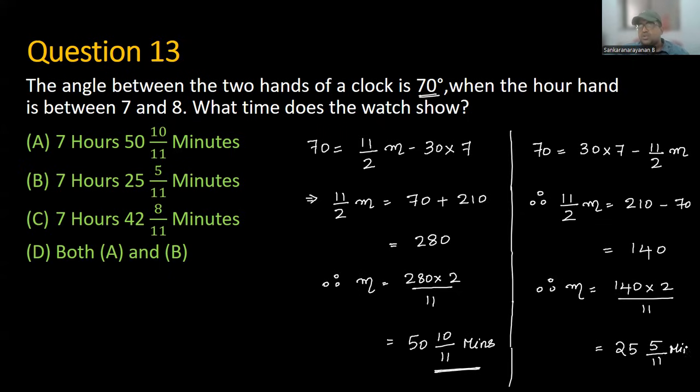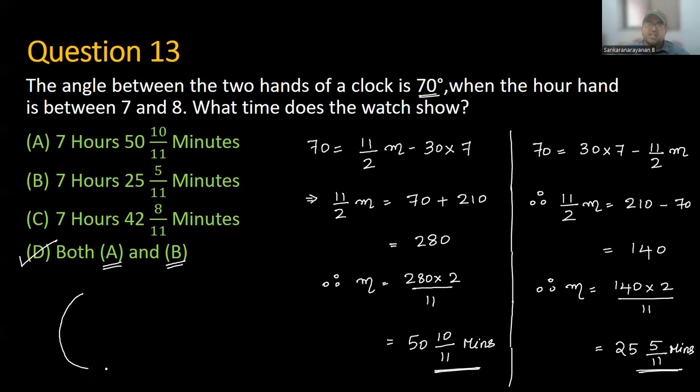So this is also a possibility. So the time may be 7 hours, 50 and 10 by 11 minutes, or 7 hours, 25 and 5 by 11 minutes. Two possibilities are there. Looking at the options, I can see A works, B also works. So I should select option D as my answer, both A and B. D will be my final answer.